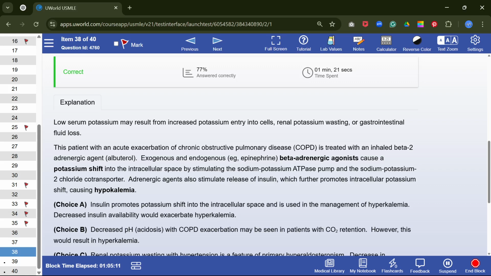Exogenous and endogenous epinephrine and beta-adrenergic agonists can cause potassium shift into the intracellular space by stimulating the sodium-potassium ATPase pump and the sodium-potassium-chloride cotransporter. Adrenergic agents also stimulate the release of insulin, which further promotes the intracellular potassium shift, causing hypokalemia.